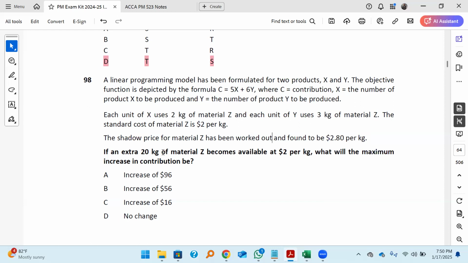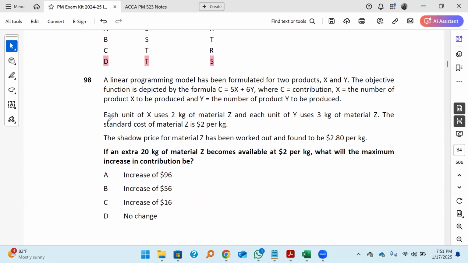If we have an extra 10 kilograms of material Z at $2 per kilogram, what will be the maximum increase in contribution? The answer is just the shadow price multiplied by the 20 kilos, because the shadow price is the maximum amount by which the contribution is going to increase if we get an extra kilogram of the scarce resource.